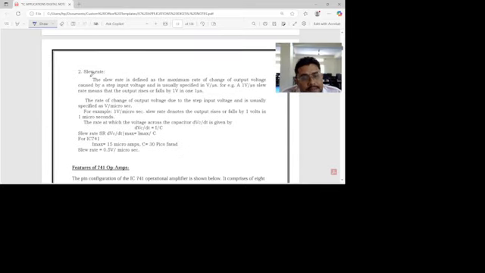Next we will discuss the slew rate. Slew rate defines the maximum rate of change of output voltage caused by a step input voltage, and is usually specified in volts per microsecond. We can see this by drawing a diagram. Suppose this is the input voltage.